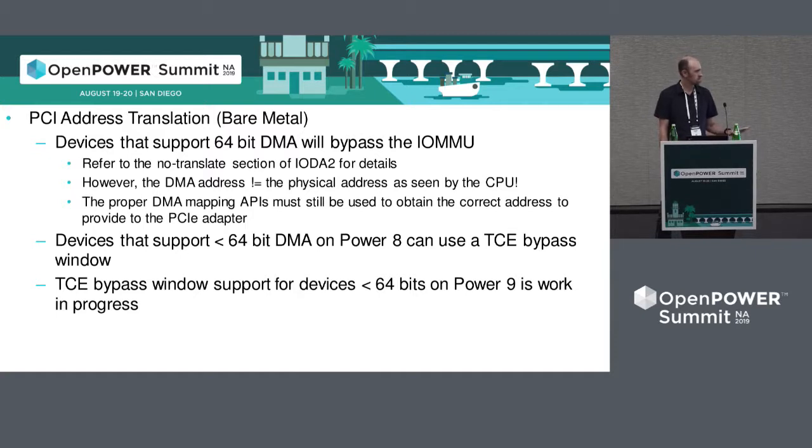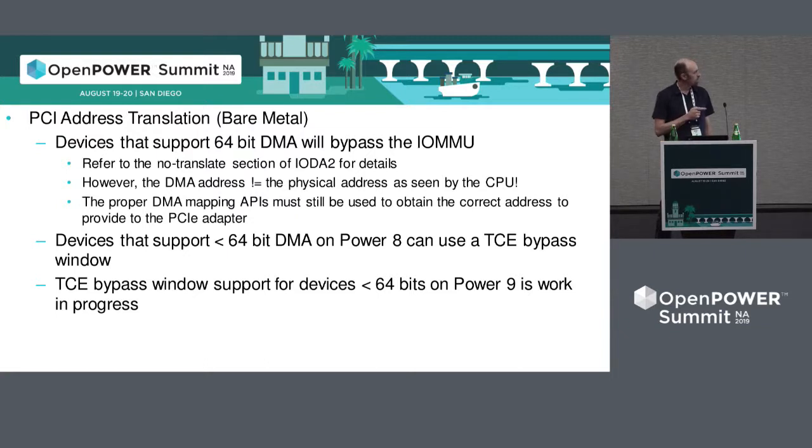This is also one of the things we come across sometimes on bringing up new adapters. They just have the assumption that, on Intel, addresses typically start at 0 and go up to however much memory they have. With us, it's different in that all our DMA addresses start with bit 59 on and higher, at least in bare metal.